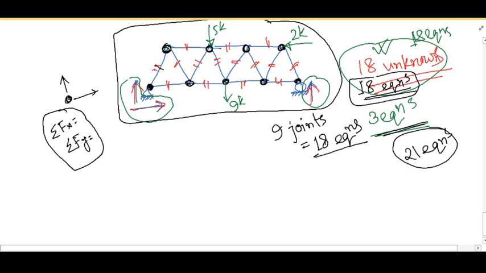So all these member forces you'll be getting, while solving 18 unknowns with 18 equations. So how do we solve these 18 equations? Can you solve this using Cramer's rule? Would it be an intellectual task to solve this using Cramer's rule? No, not like that.